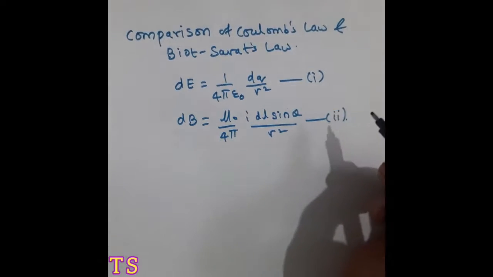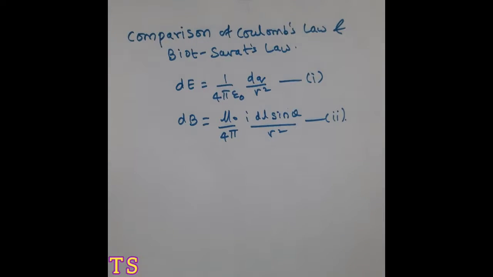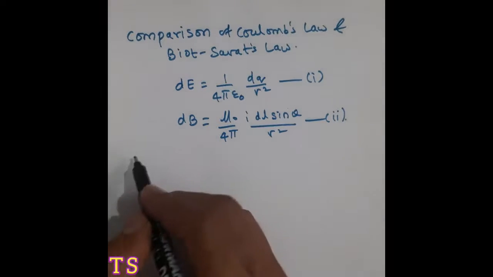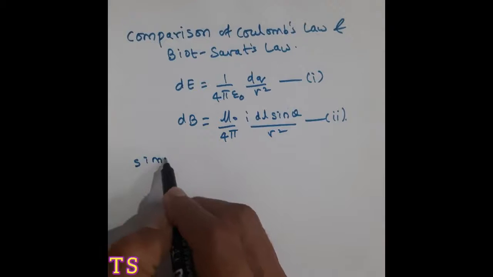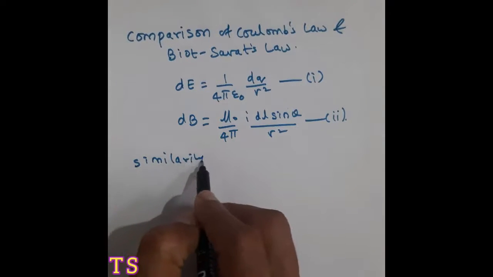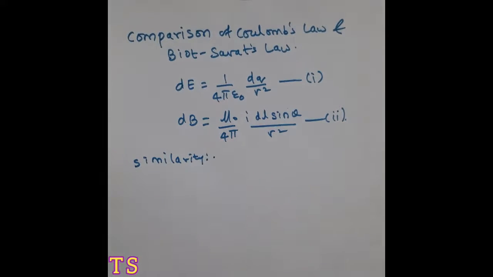So now what comparison can we do here? We can find some differences and some similarity. What is the similarity? Can anyone tell me what is the similarity between both of these equations? Yes, very good.